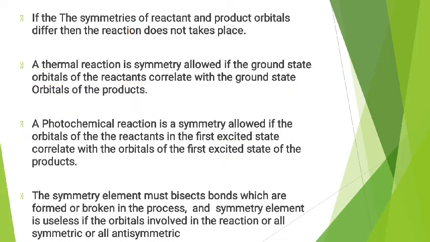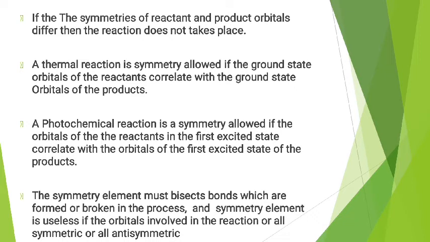The symmetry element must bisect bonds which are formed or which are broken in the process, and the symmetry element is useless if the orbitals involved in the reaction are all symmetric or all antisymmetric.